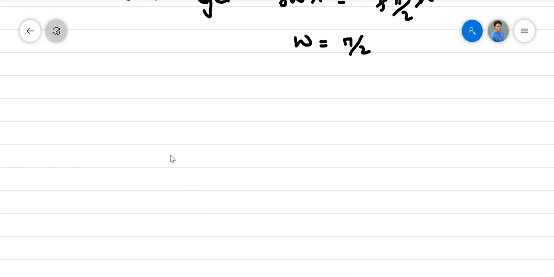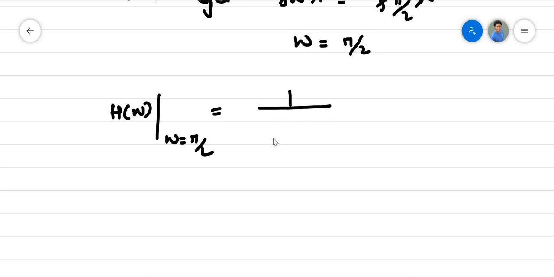Now for this case we can find H(omega) at omega equal to pi by 2, because our x[n] is defined for pi by 2. So it will be equal to 1 over 1 minus 1/2 e^(-j pi/2).